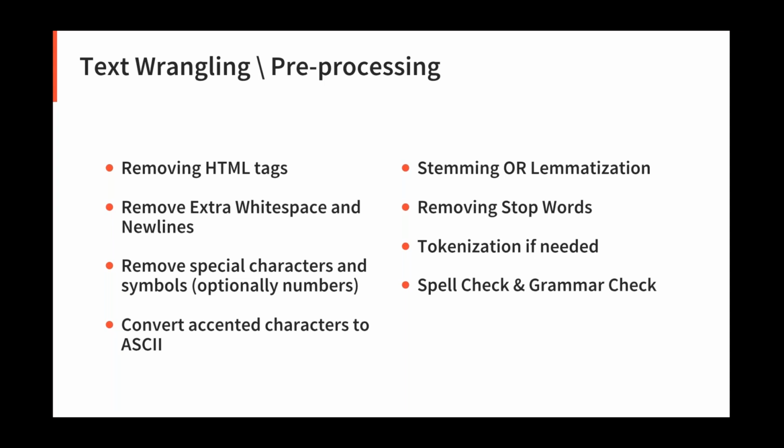Like, let's say if you have the word lazing, L-A-Z-I-N-G may be converted to L-A-Z-I, because that is the root stem. But it's not a semantically correct word. That is where lemmatization comes into the picture, where it tries to convert any word to its base form, and that base form is always a dictionary-correct word. So in this case, L-A-Z-I-N-G would be converted to L-A-Z-Y.